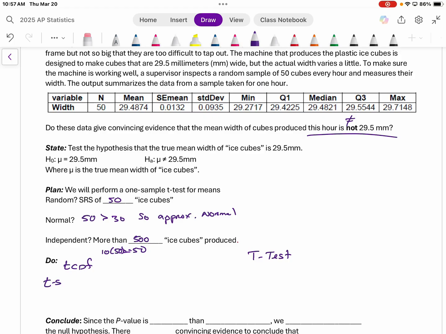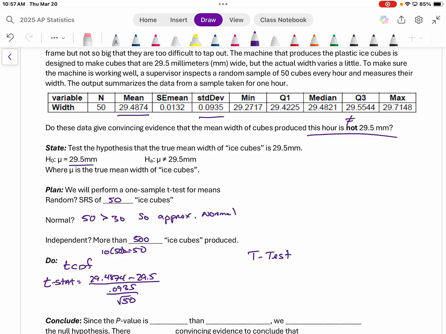Our test statistic, our t-stat: our x bar is 29.4874, minus our hypothesized mean of 29.5, over our standard deviation, 0.0935, over the square root of my sample size.